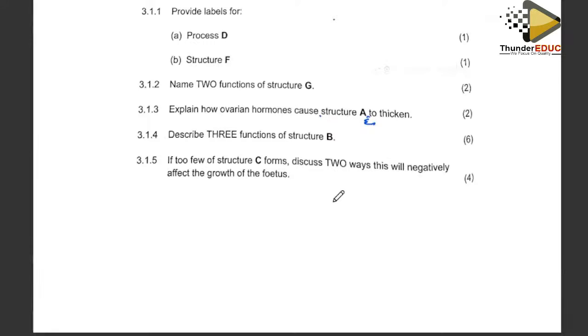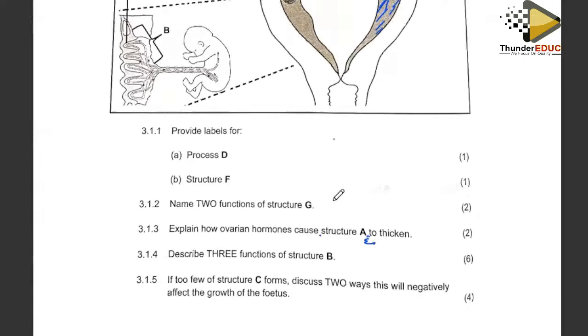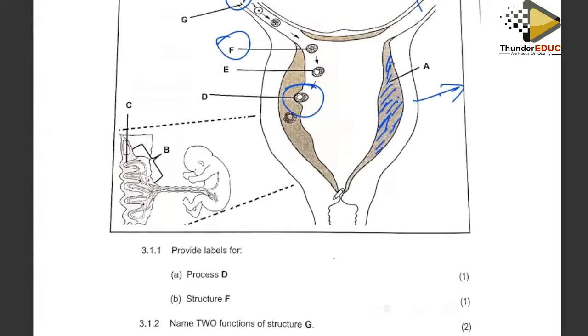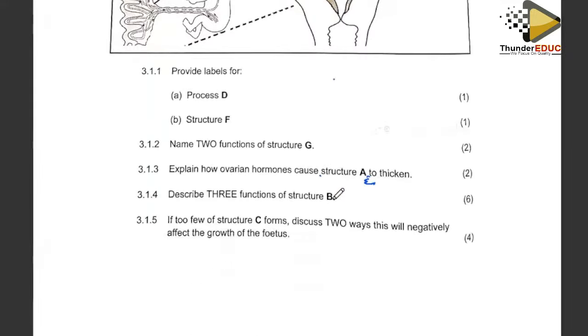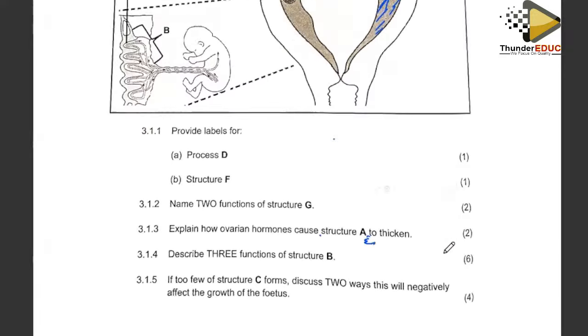If there are too few of structure C, which structure is C? Okay, what are they saying now? Discuss 2 ways in which this can be negative, meaning that if this structure is too few, meaning that there is no microfilter.